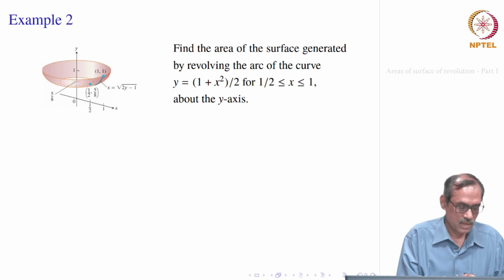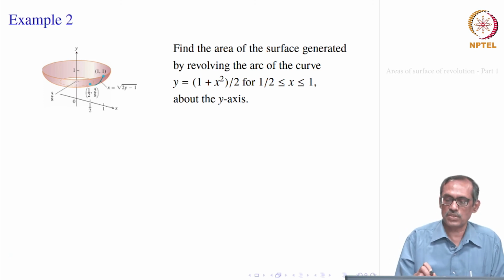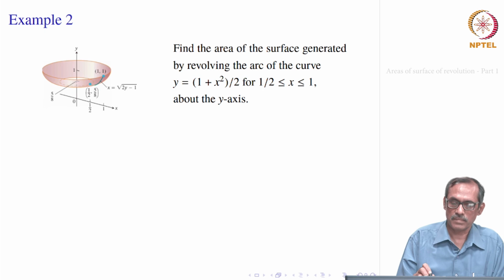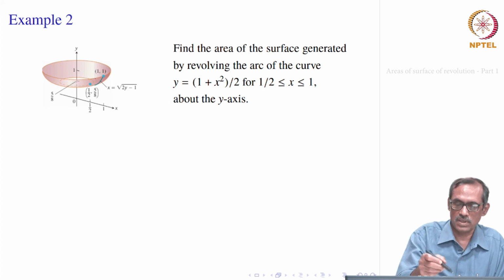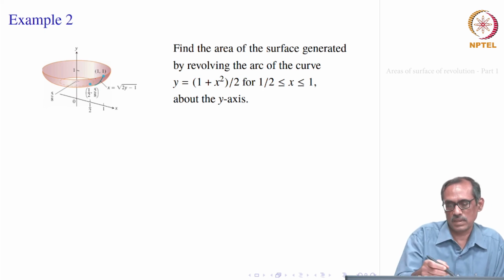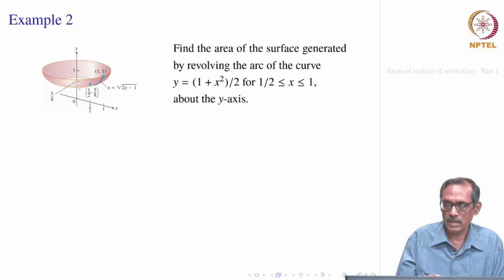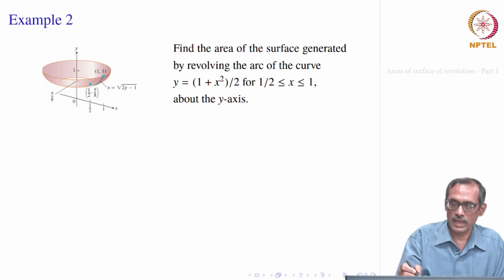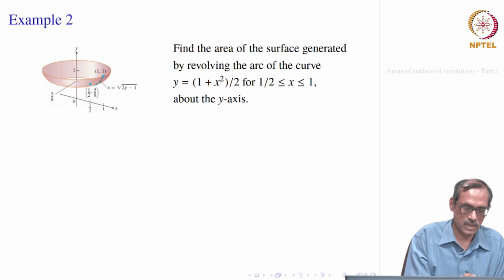Fine. So, then we need to express x in terms of y, and here of course, it is lying in the upper half of the plane. So, when you take x in terms of y, it will be the square root of 2y minus 1, right.